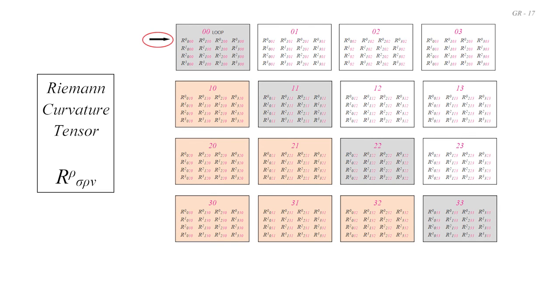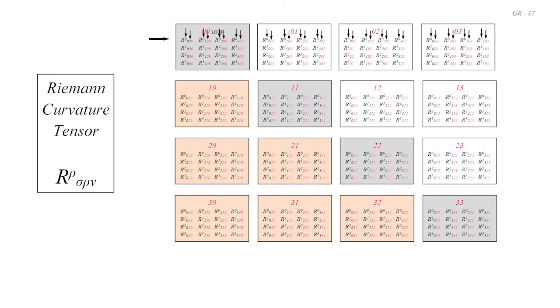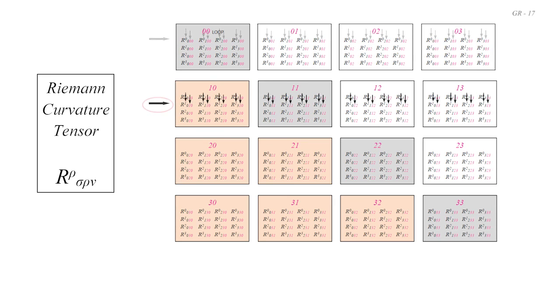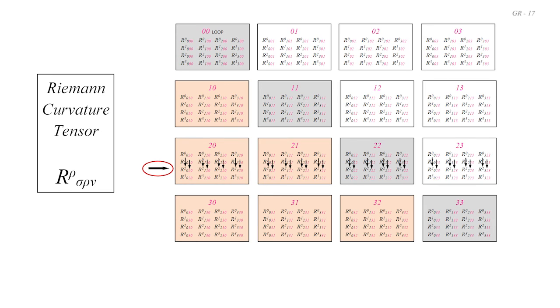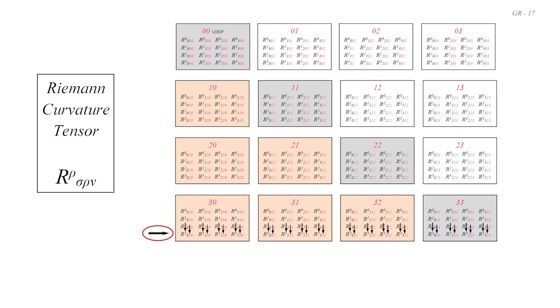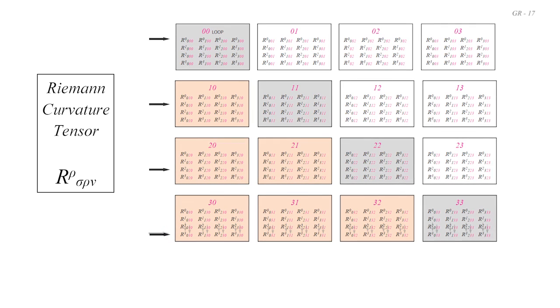This first row, for example, contains Riemann tensor components with 0 in both the first and third index places. This is the only row for which that's true. This row, on the other hand, is the only row which has components with 1 in both the first and third index places. This one has 2, and this one 3. These are the special rows.